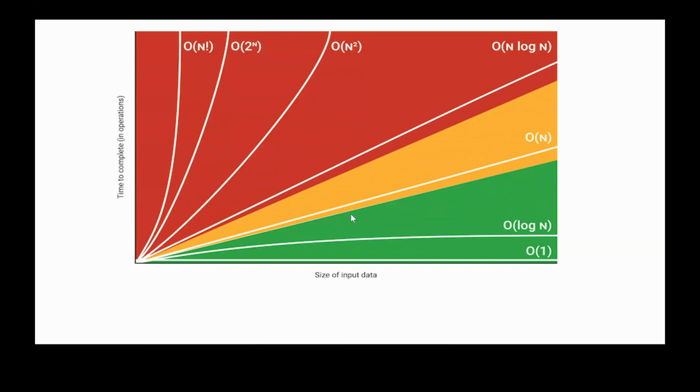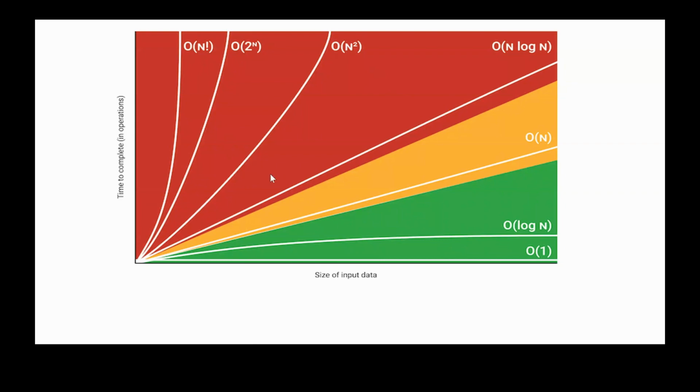Here we can see that the runtime to complete a task, in steps or in operations, depends on the size of the input data for each of the different algorithms that we earlier discussed.